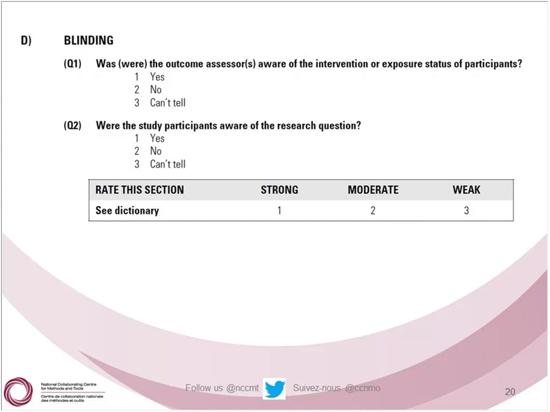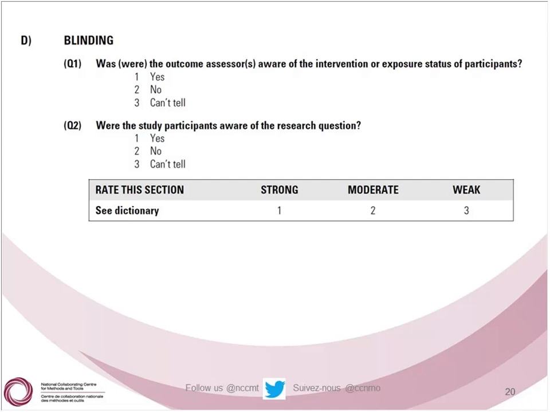But we, at times, can do our best to mask what exactly the study is about. So while a participant may know they're receiving an intervention, they may not be fully aware of what the exact outcomes are that we're looking at, which then may provide a little bit more objectivity if they're also providing a self-report, for example.